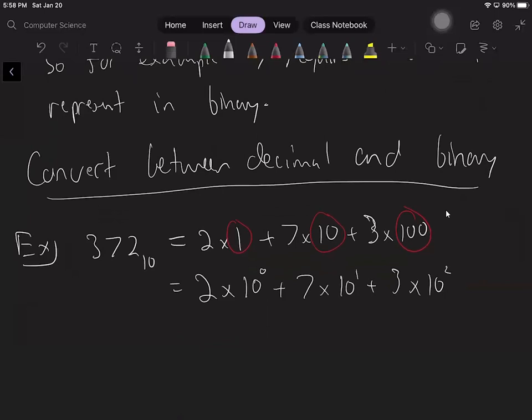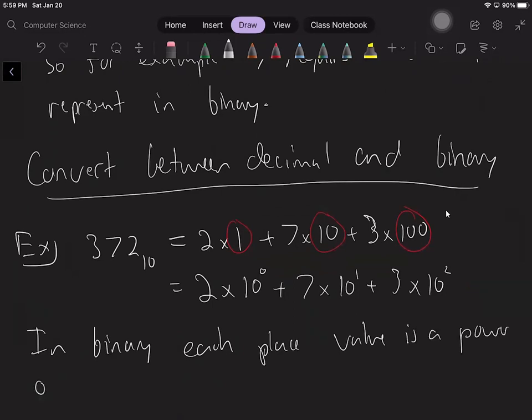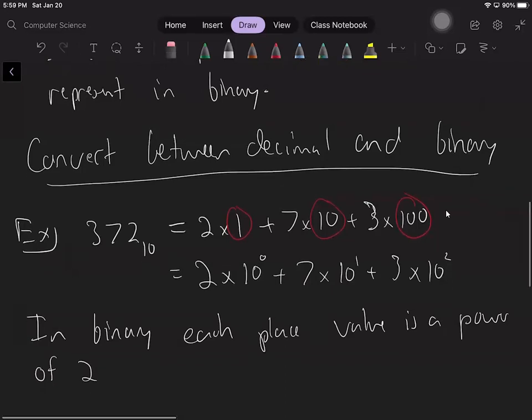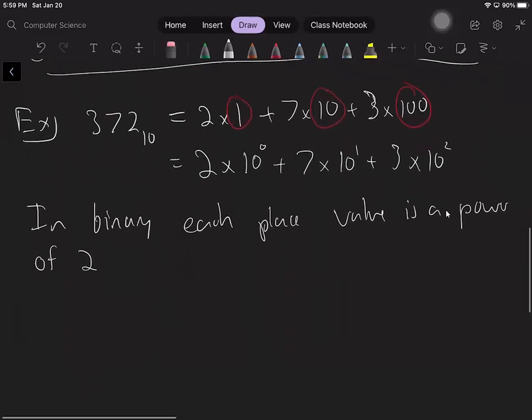Okay, so you may already have thought about that before, but in binary, it's the same except everything is a power of 2. Each place value is a power of 2. And so we could convert from binary to decimal very quickly using this property.